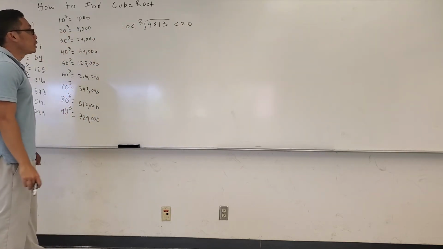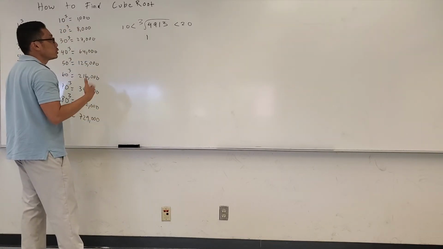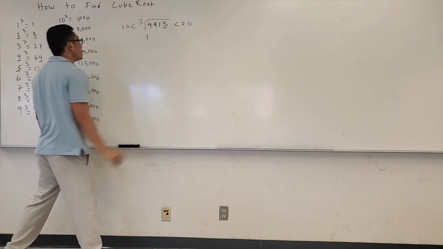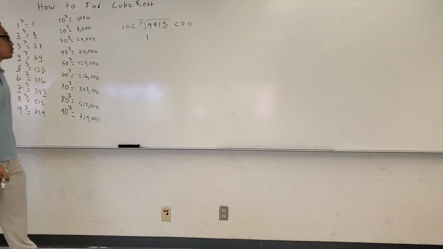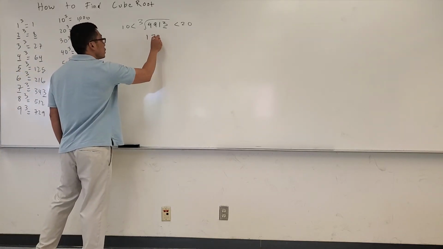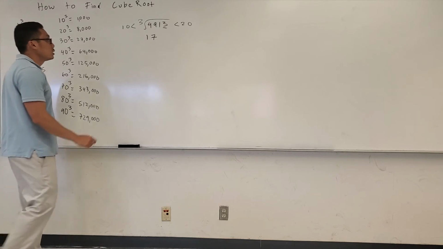So now I know the first digit has to be a 1. Now I gotta think about what number did I cube to get a 3 in the end. So I look at the ones place, and this one ends in a 3, so which one is it? 7, right? So 7 cubed is 343, so this has to be 17. That's it.